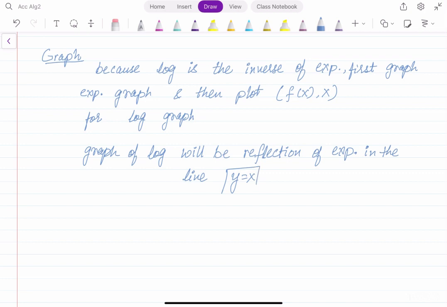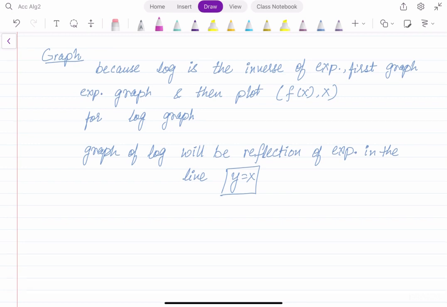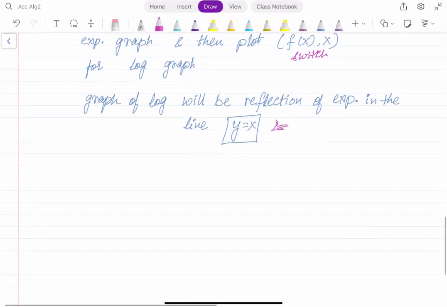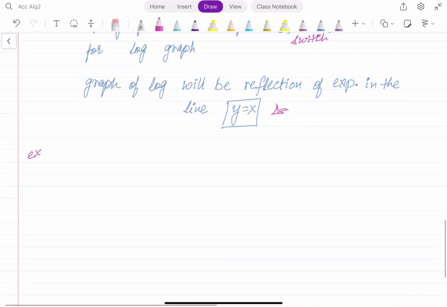So y is equal to x will work as the reflection line, and we are just reflecting y is equal to a to the power of x, that means the exponential graph, over the y is equal to x line, and that will be your log graph. So that is the easy and the simple way. So we are just reversing the x and y coordinates.